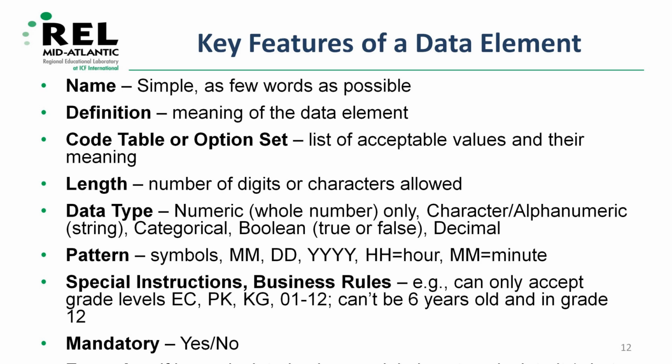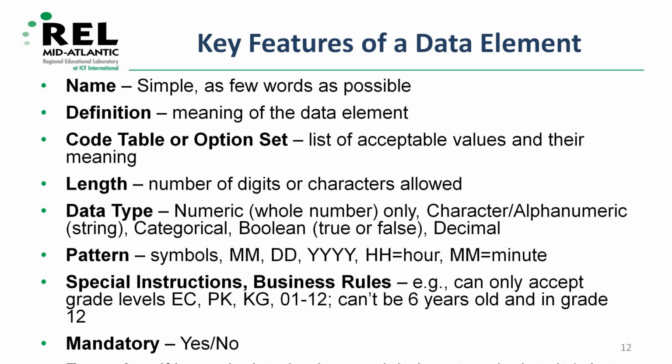So when we get through the data element, and ideally in the data standards, you're covering the name, a good definition to make it really clear, real clear option codes, code table, length, format, patterns, how you set these up. Any special instructions or business rules.